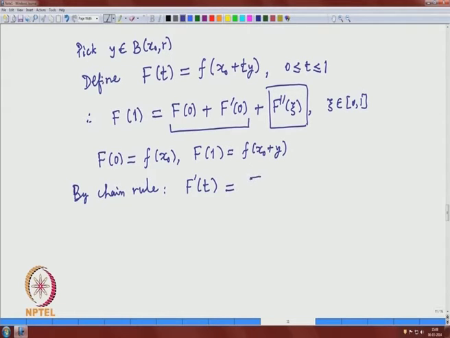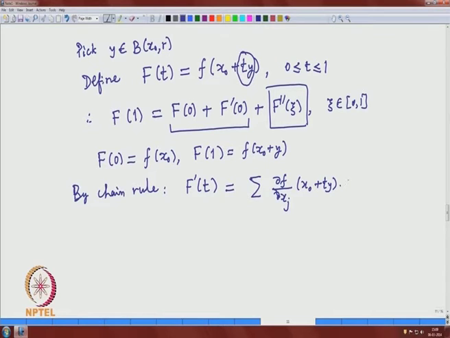So, by chain rule, this is just the sum of del f by del x j evaluated at x 0 plus t y, into the differentiation of this argument with respect to t, and the only dependency is through this t y.